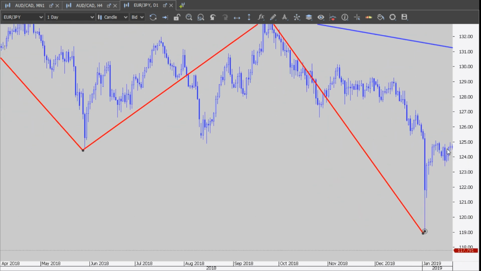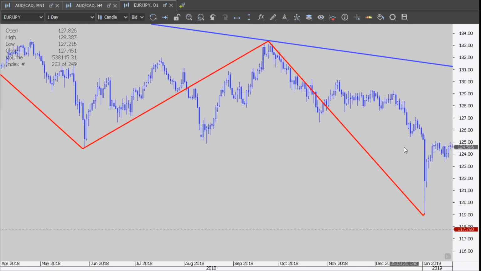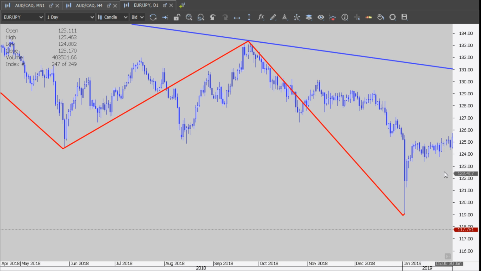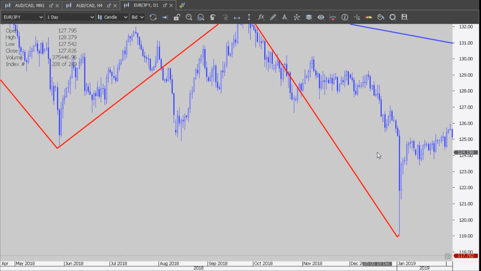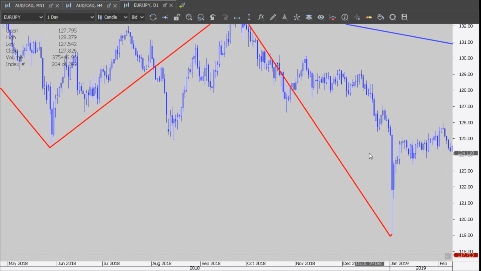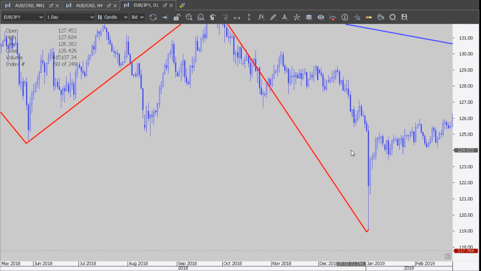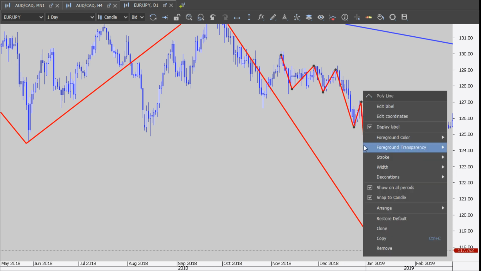Okay? So if you're a beginner trader and you just draw structure, right? And you are monitoring the market, and you are seeing that the market is not making lower lows, lower highs, lower lows, lower highs, lower lows, lower highs anymore, right?